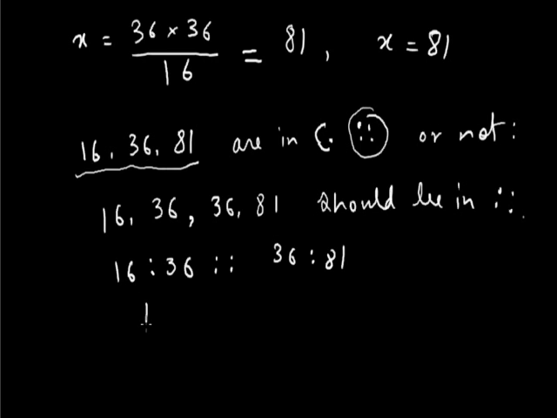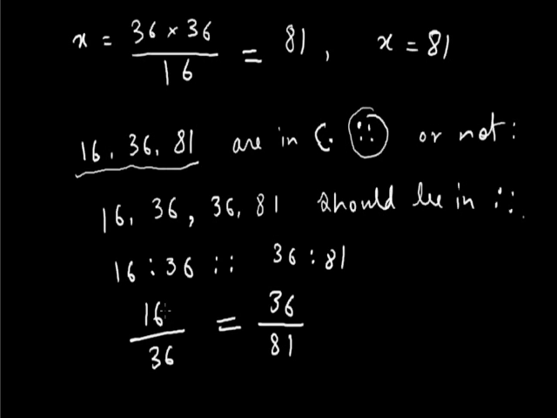Now 16 ratio 36 can be represented as 16 divided by 36 in fractional form, and the sign of proportionality I am replacing with the sign of equality, and 36 ratio 81 can be represented as 36 divided by 81 in fractional form.